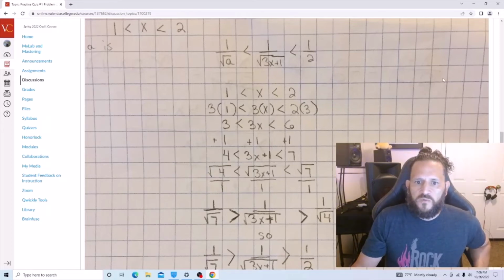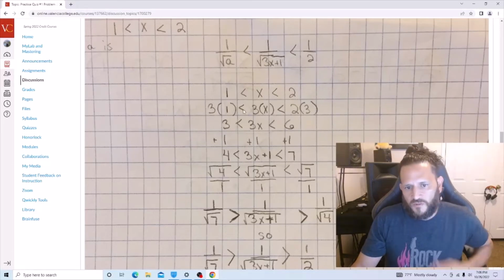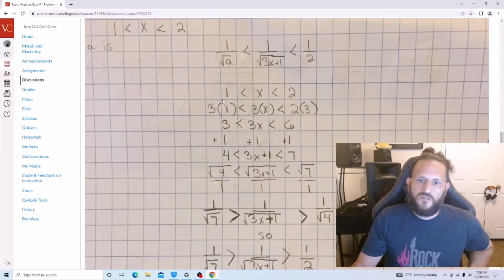Well, in this situation it's very similar. What we do to one side we're going to do to the other, but there's two inequalities here, so we're going to do it on all 3 sides. So we're going to multiply the first inequality by the number 3.